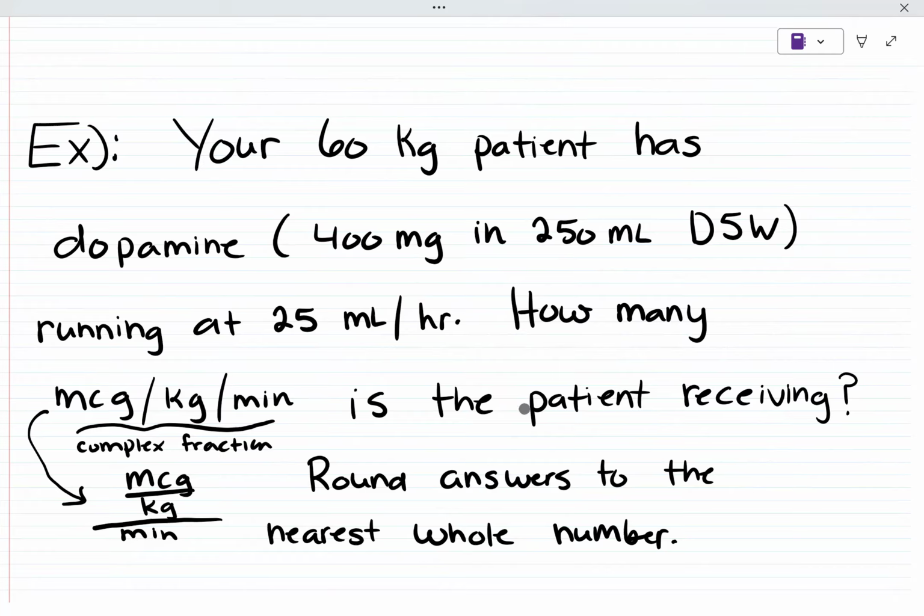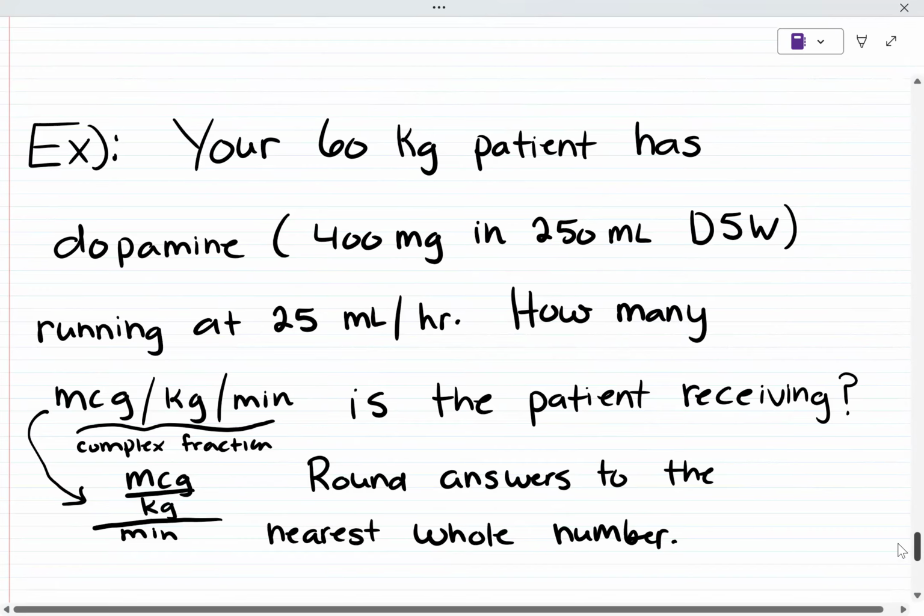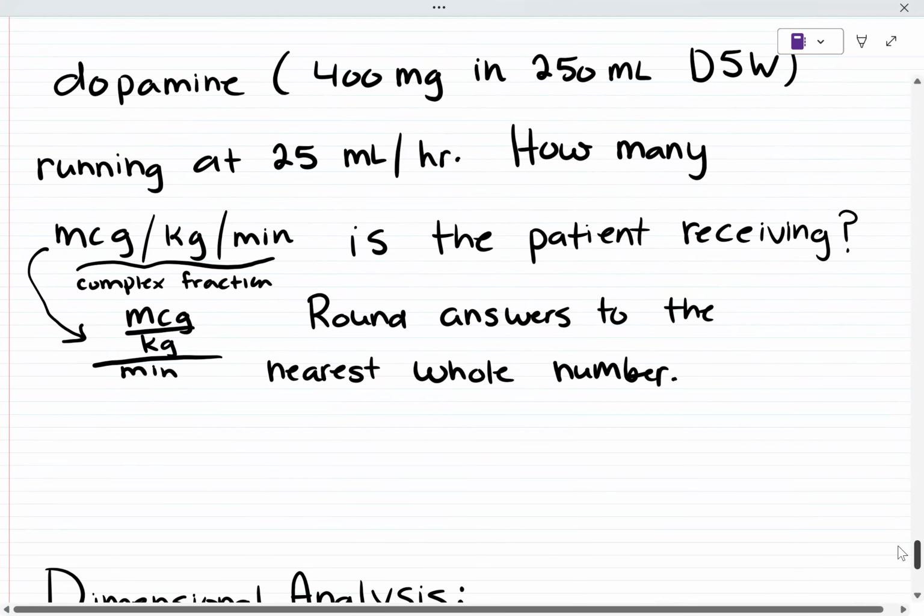Okay. So what you need to know on this one is you need to know your units are correct. So this is how you know your answer is correct. Your final answer has to be mcg per kilograms all over minutes.